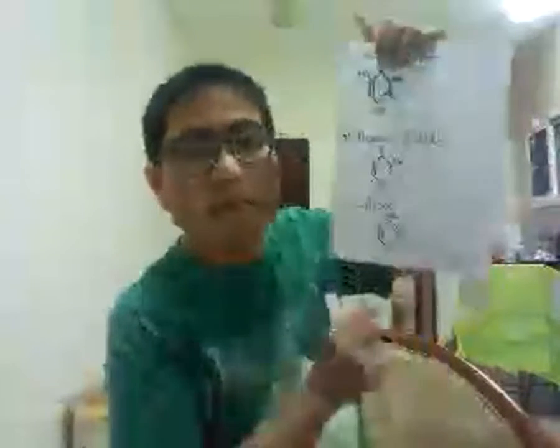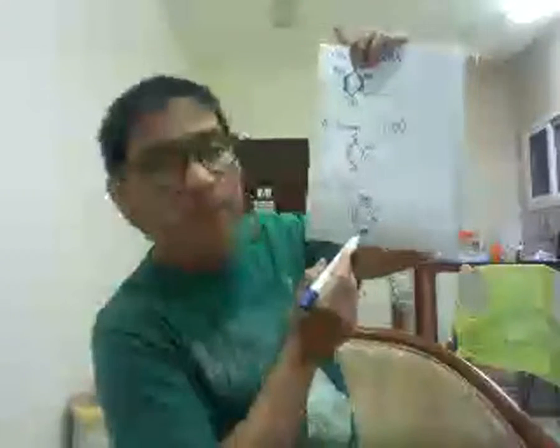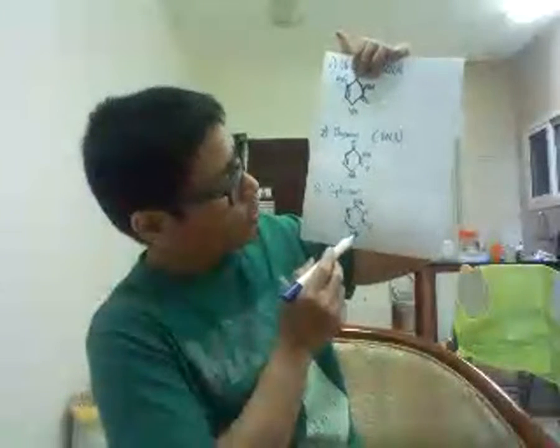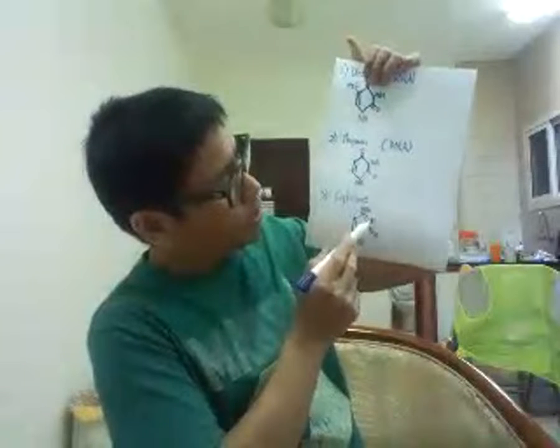Like this. This is the cytosine. NH, C, corner, double bond oxygen, NH2, nitrogen. Like that.